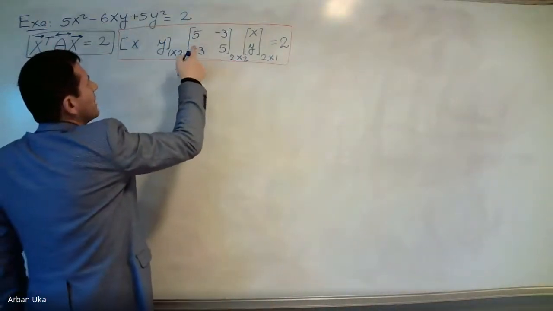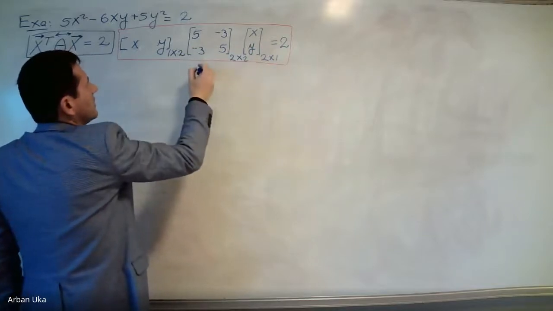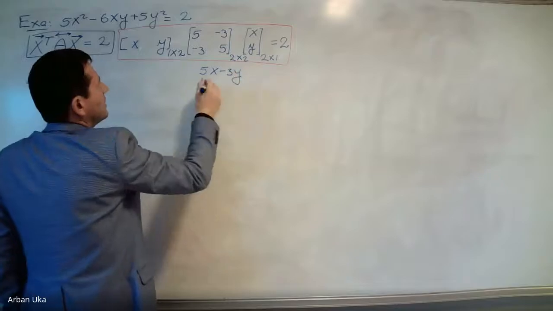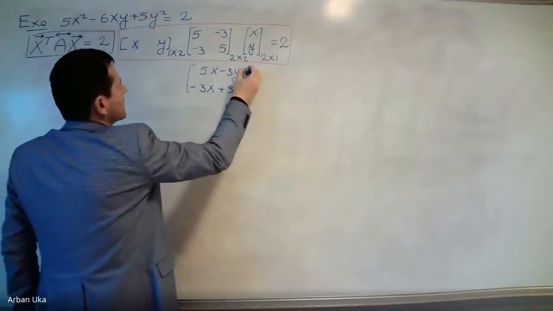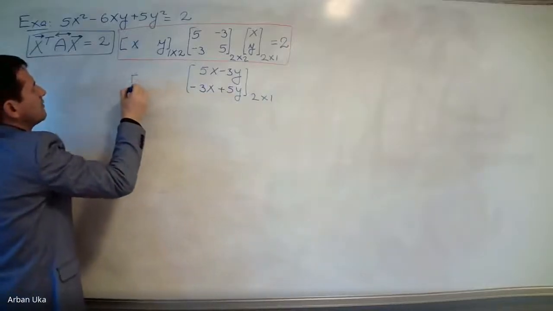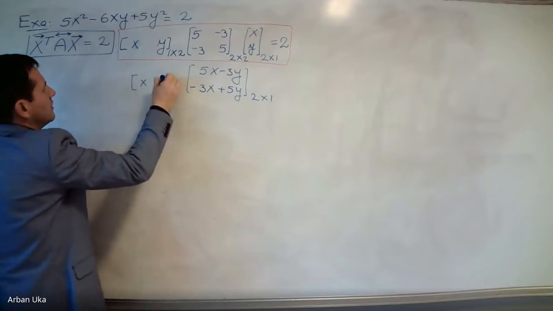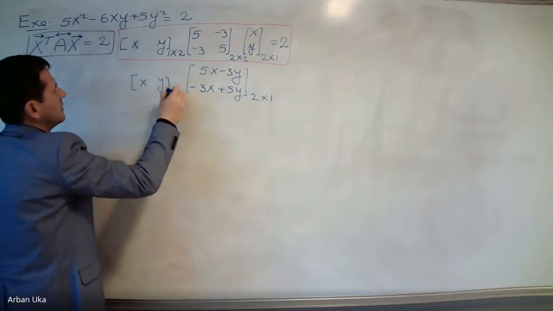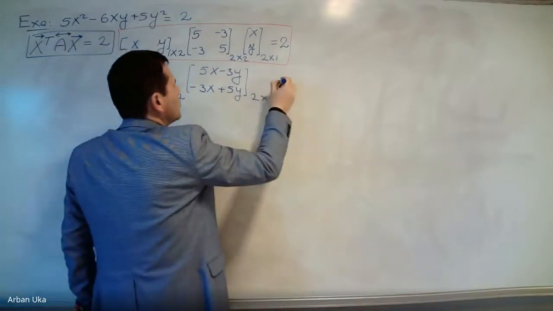What happens if we multiply this matrix with this vector? You get 5x minus 3y. And then? And minus 3x plus 5y. What is the dimension of this vector? 2 by 1. If we multiply this with x and y, what is the dimension of x and y? 1 by 2. So if we multiply these two, what do we get? You get a single entry.